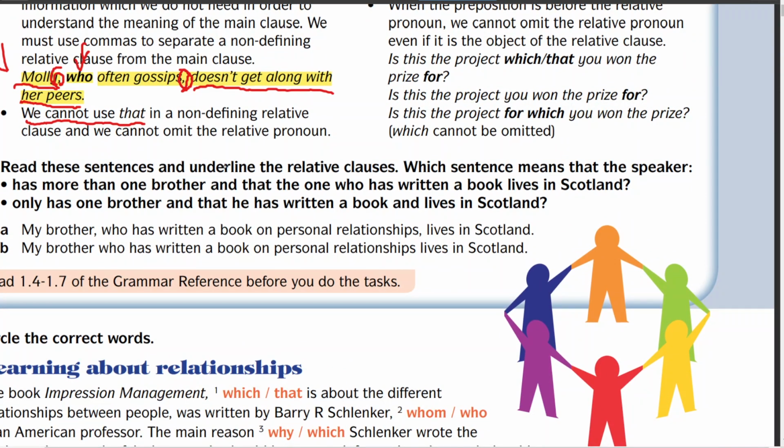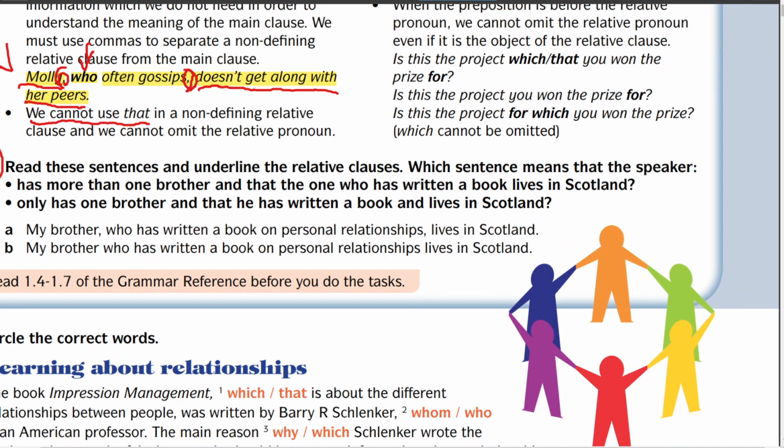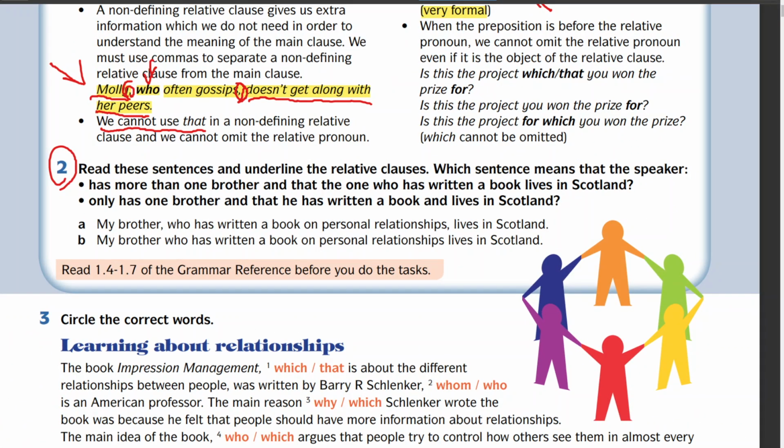Okay, read the sentences and underline the relative clause. Which sentence means that the speaker has more than one brother, and that the one who has written a book lives in Scotland, and one only has one brother, and that he has written a book and lives in Scotland. Okay, if that sounds confusing to you, pardon me, I will try to explain a bit better.